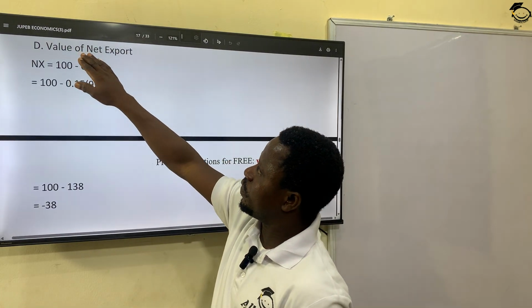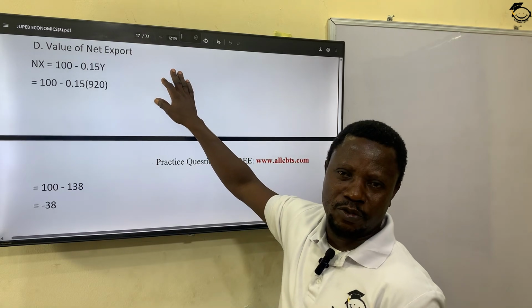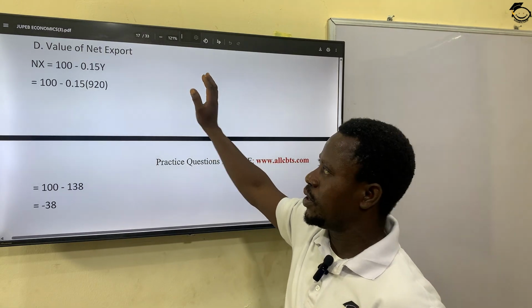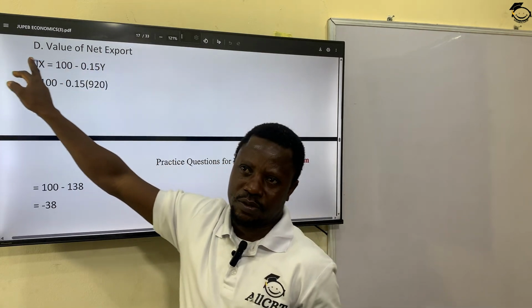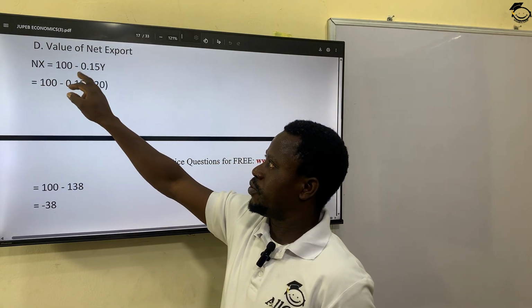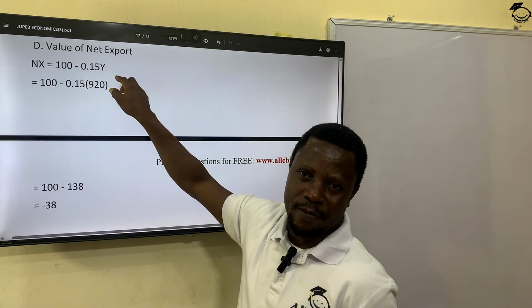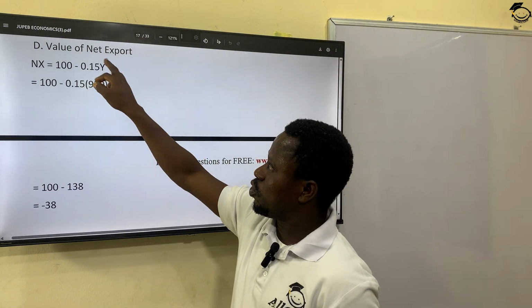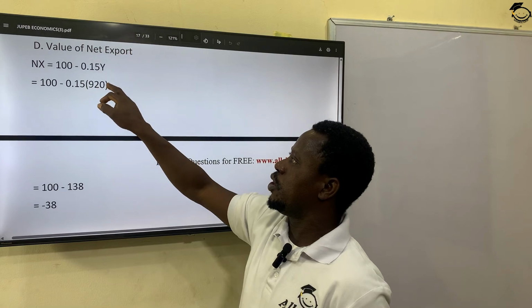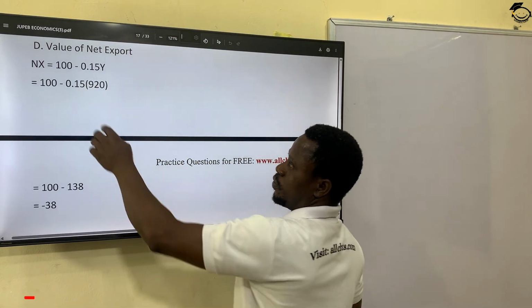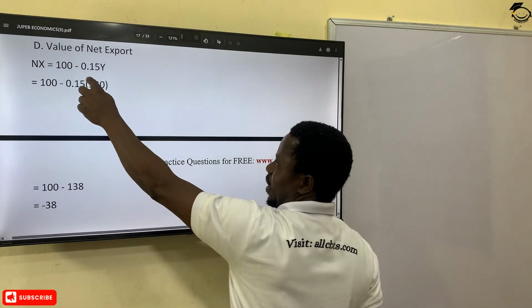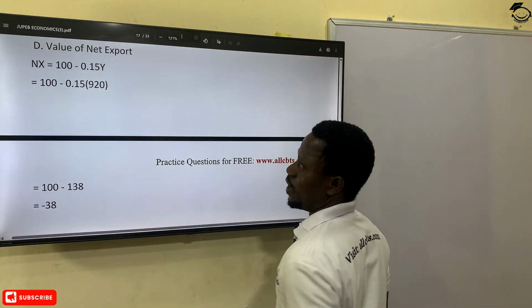Now, what's the value of net exports? That's the difference between export and import. Remember, they also gave it to us, but as an equation: NX equals 100 minus 0.15y. Since we know our y now, our income, we can put it there. Substitute for y. So 100 minus 0.15 times 920. Just multiply, like I told you, opening the bracket, multiply by 920.